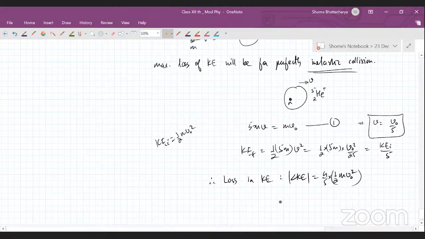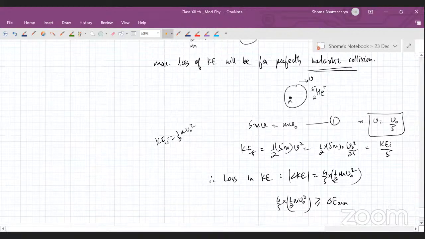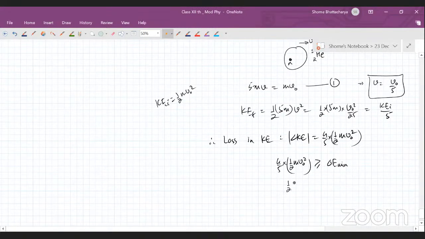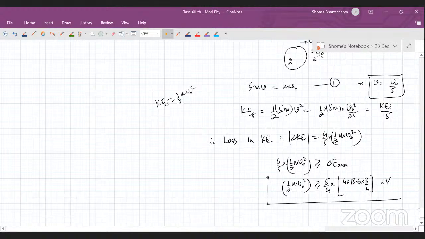So this loss in kinetic energy should be greater than or equal to the minimum amount of transition energy that is required. So this should be answered in electron volts.